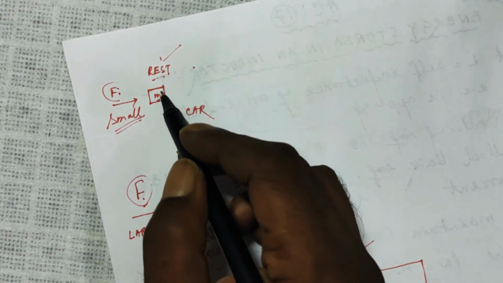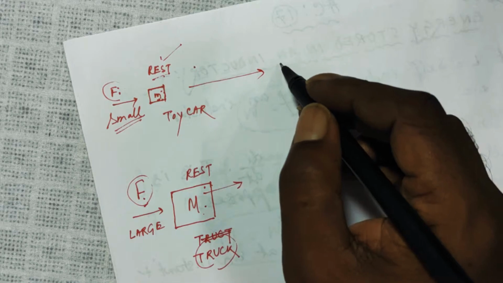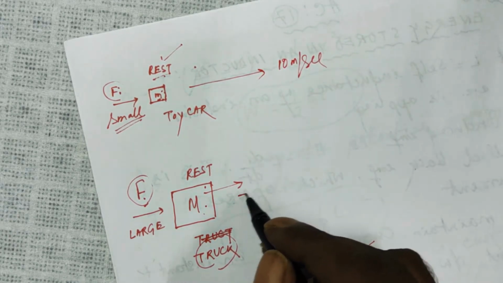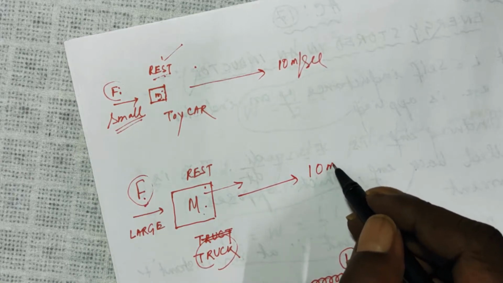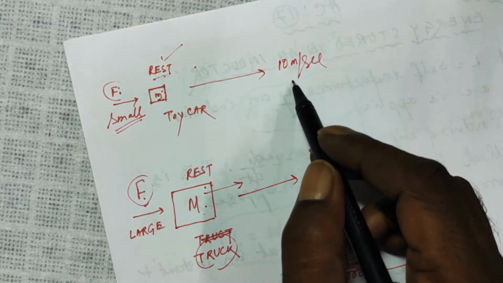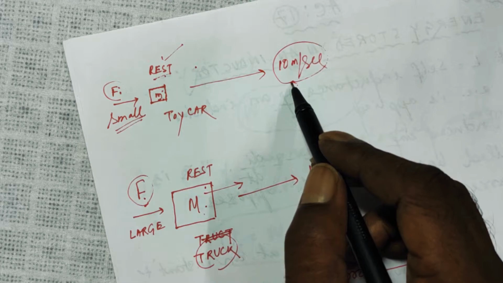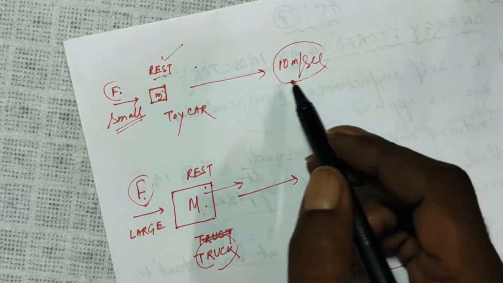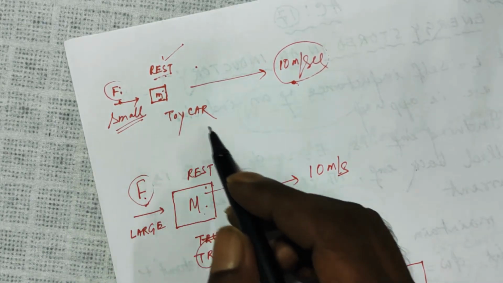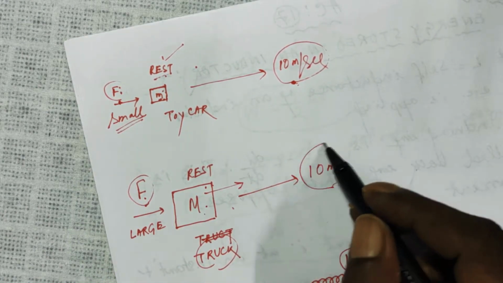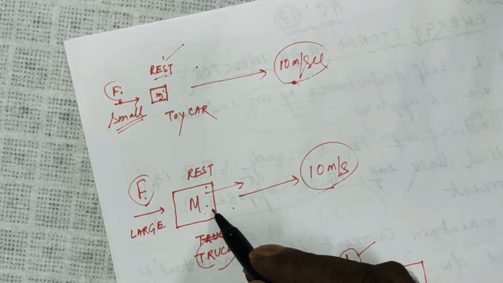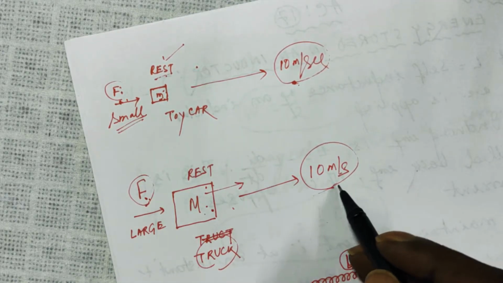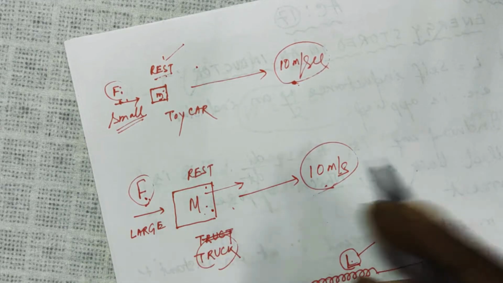Similarly, if this is already moving at say 10 meter per second, and this is also moving at 10 meter per second, and you want to decrease this speed by applying force, then you require a small force here, and a larger force for the truck.